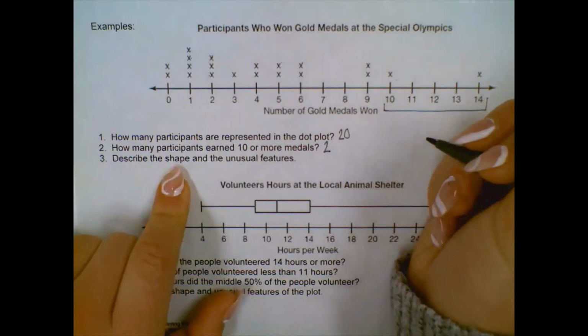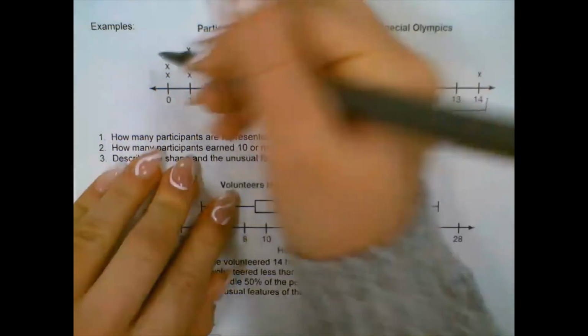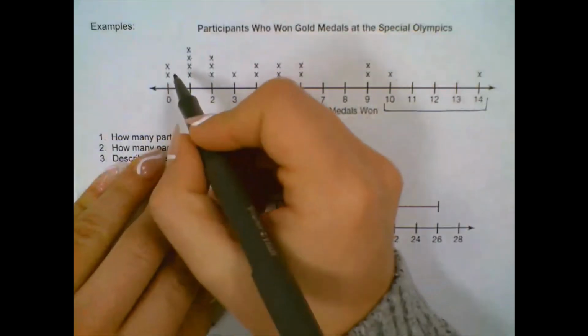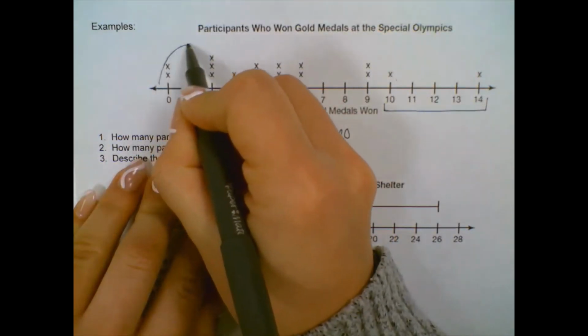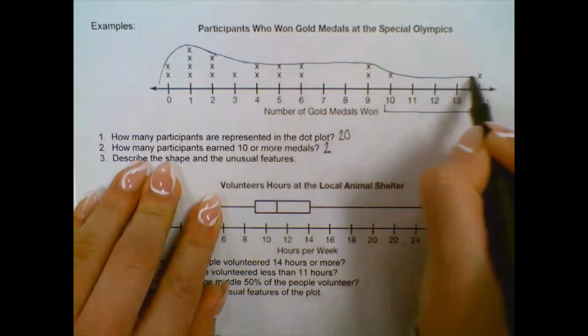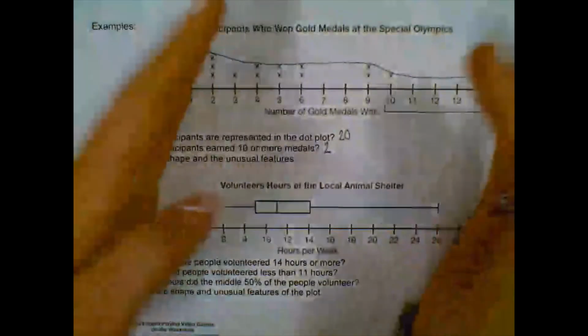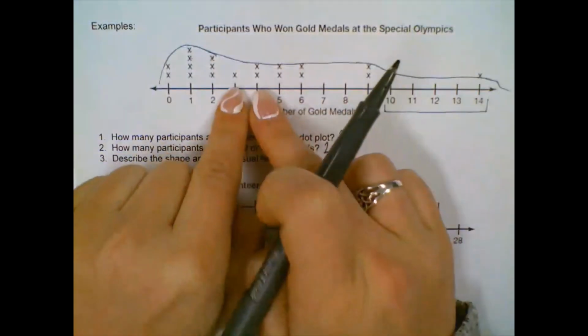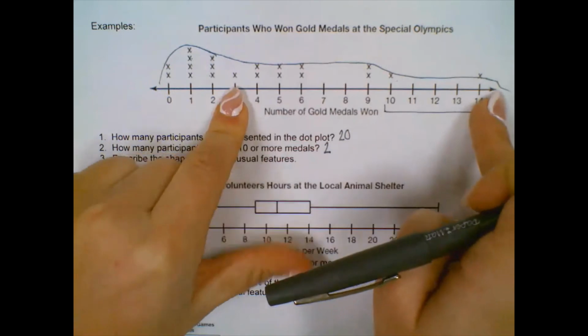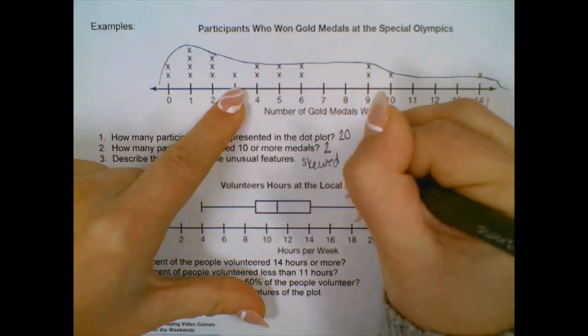And then this is our new stuff from today. Describe the shape and unusual features. So as I mentioned, when it's not super clear, it does help to trace the peaks of your data. And so what we see is the bulk of our data is not in the middle. Our center is over here, and it kind of trails off to the right. So we would say skewed right.